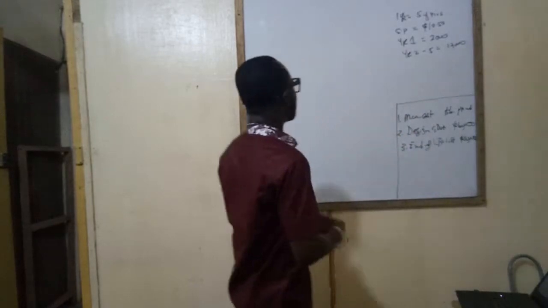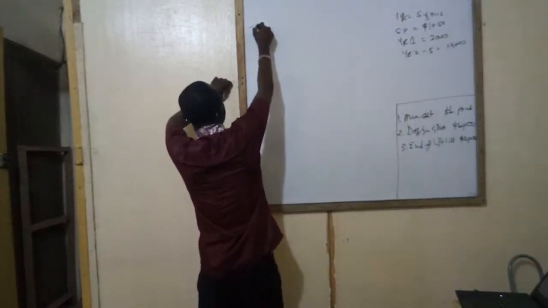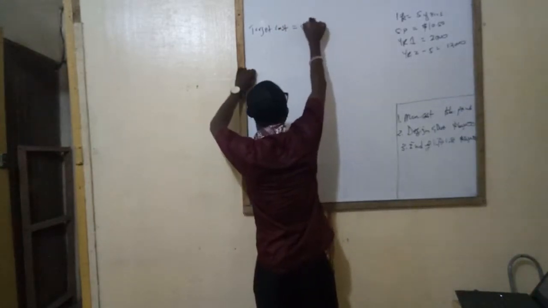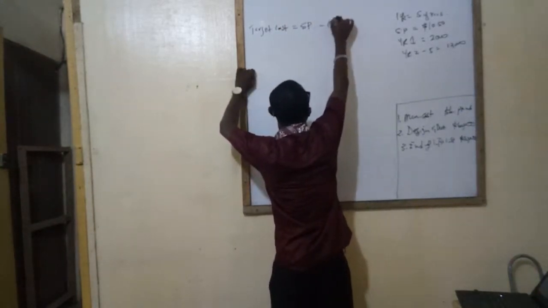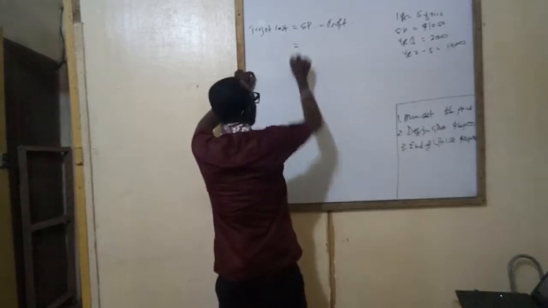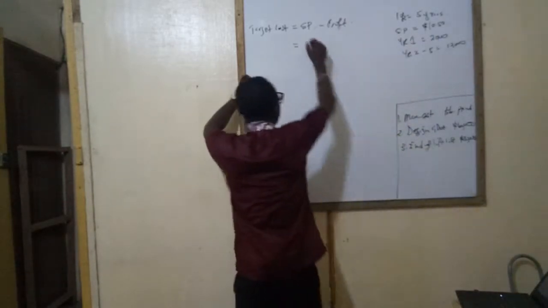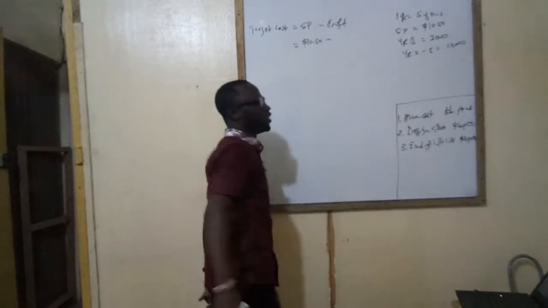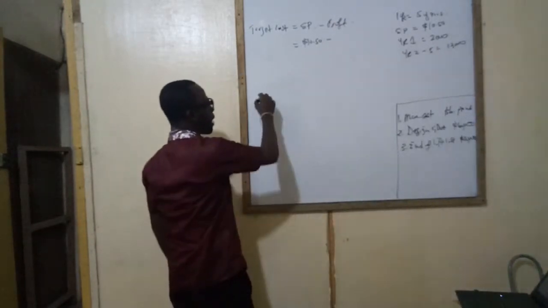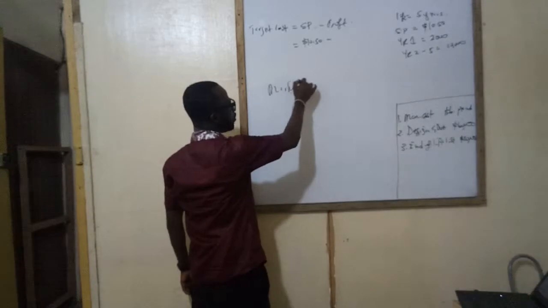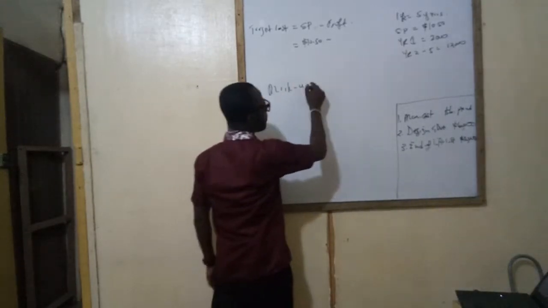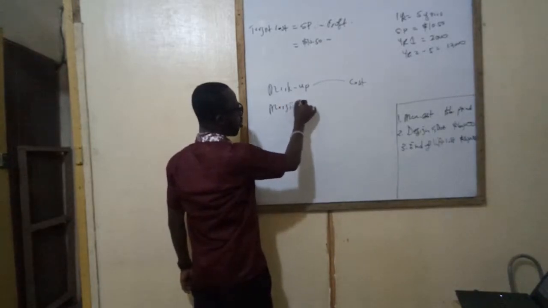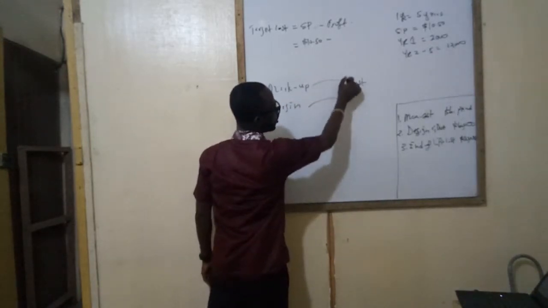So to calculate our target cost, we know that the target cost is our selling price minus the profit. So we've been given the selling price to be 10.5. But what is the profit? We are given markup. Now you must know that markup is always on the cost of production, and its brother is called margin, and that is on selling price.